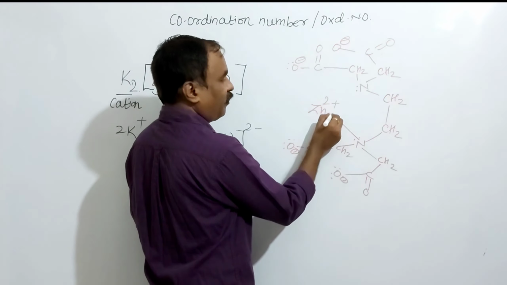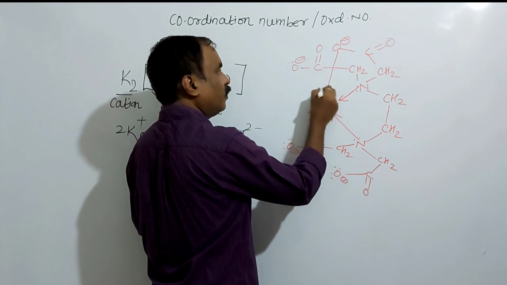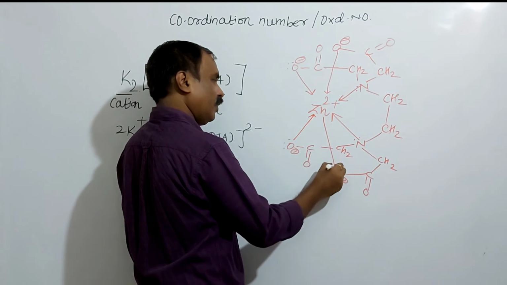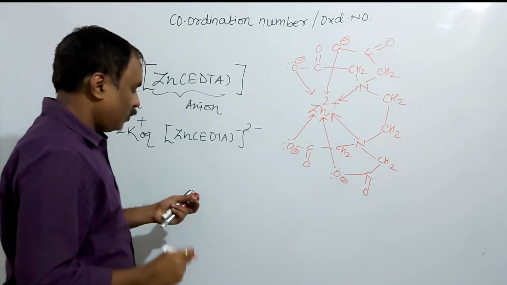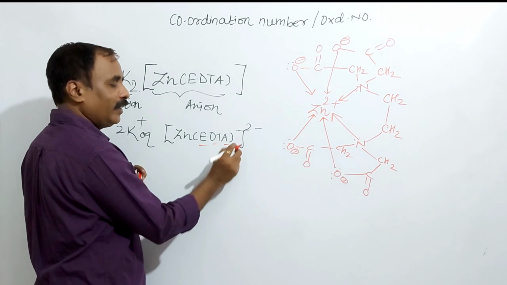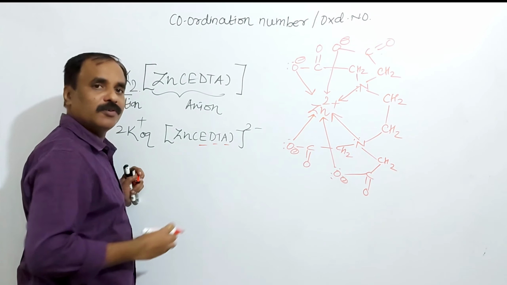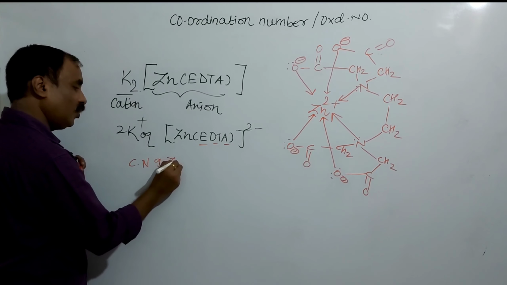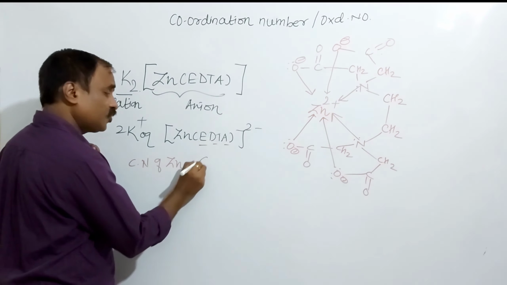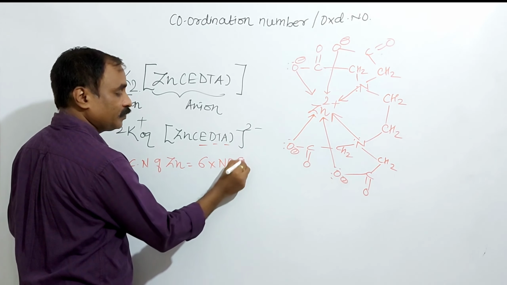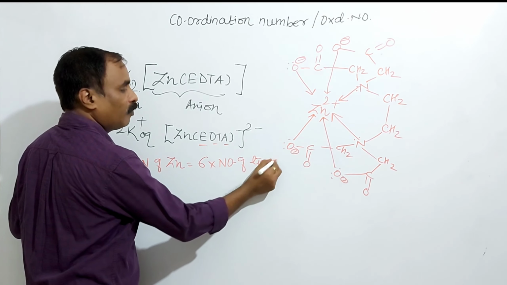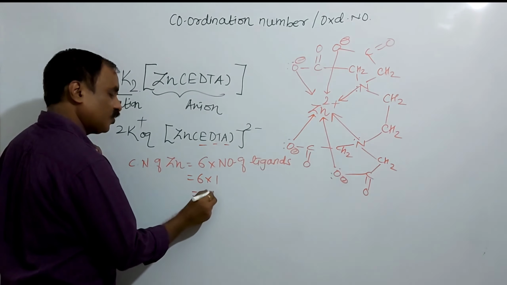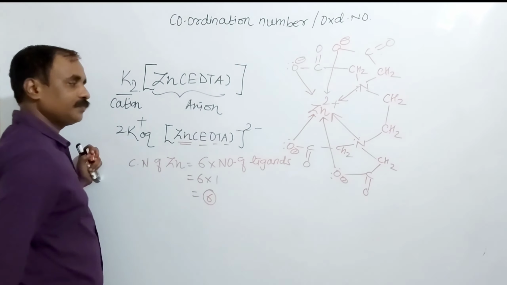So here it is the first coordinate bond, second, third, fourth, fifth, and sixth. That is, 1 EDTA, ethylene diamine tetraacetate, can form 6 coordinate bonds. So what is the coordination number of zinc? It is 6 into the number of ligands, that is 6 into 1, therefore it is 6. The coordination number of zinc is 6.